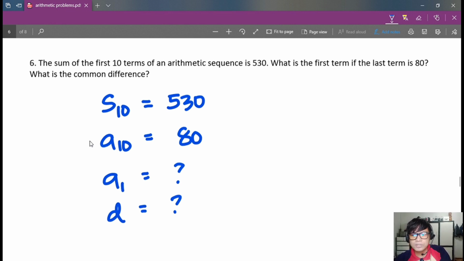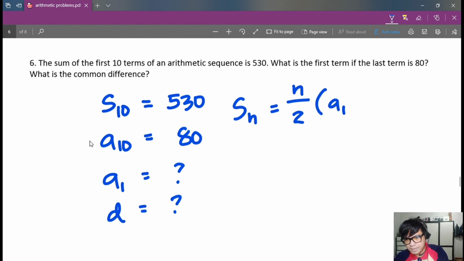Now, we can use the first formula in finding the sum of the arithmetic sequence. So, tandaan niyo yung S sub n is equal to n over 2 times the first term plus the last term.